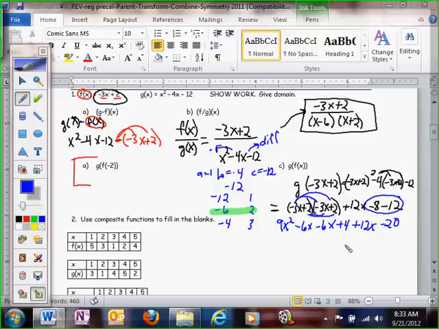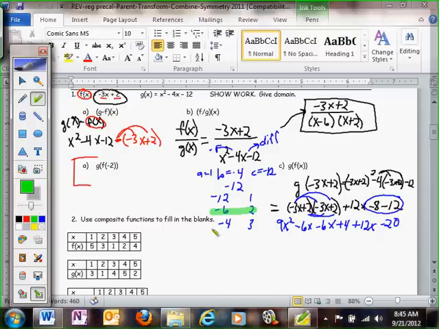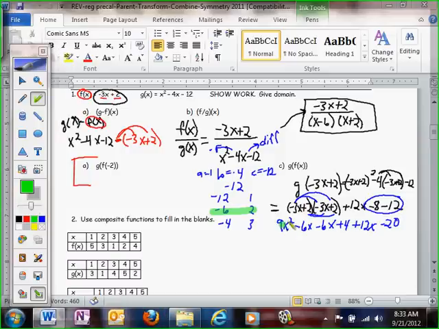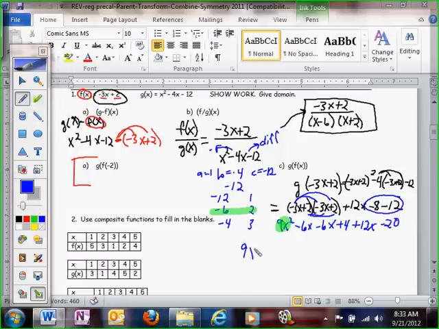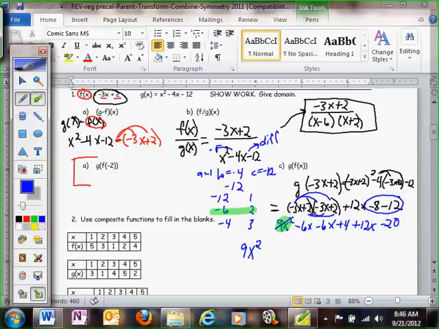Now what I want to do at this point is look at all of my like terms. So I have a 9x squared right there, and I only have one of the x squared, so I write that down. So I have 9x squared. That one's gone. I can just put a mark through it. Now I'm going to look at all my x's.